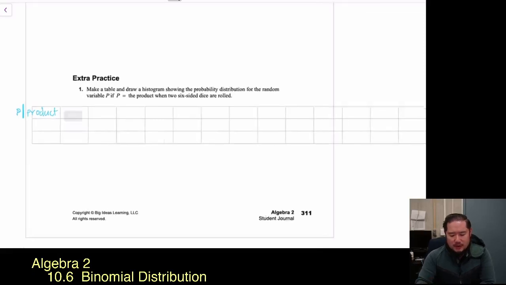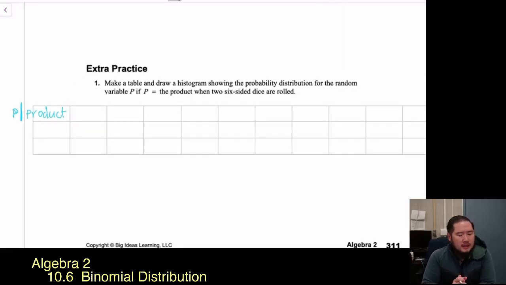So this is supposed to represent the probability of the product. Now, why do I have so many columns? It's because there are going to be a lot of different outcomes, right? What are the products? So we have to start off and first think, well, what are the different products when we roll two dice?